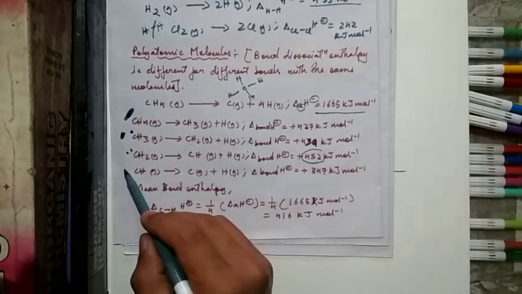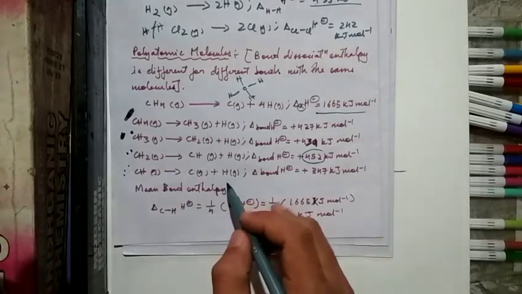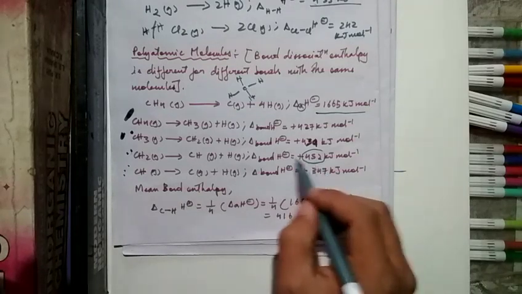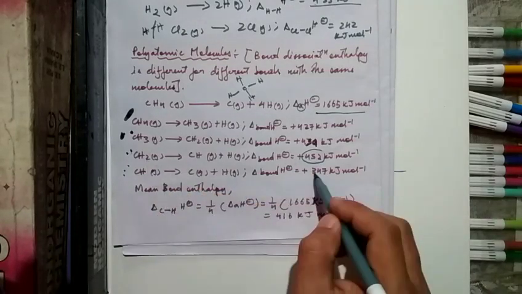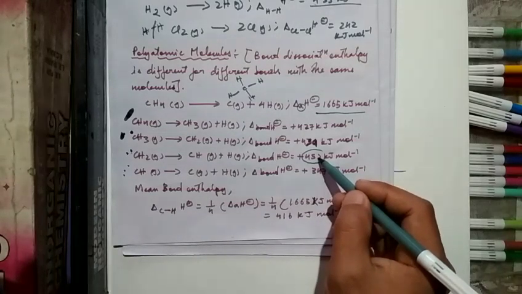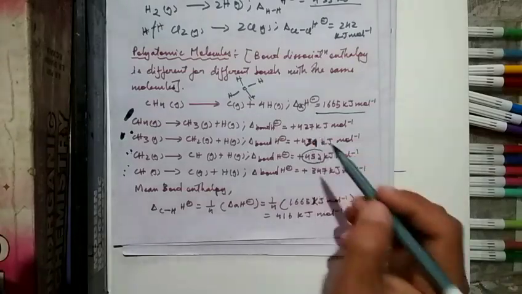For this one, 3 unpaired electrons, and since there are 3 electrons, there will be repulsion. So it shows less bond dissociation enthalpy than CH2. So this is the highest, followed by this one, and this one.